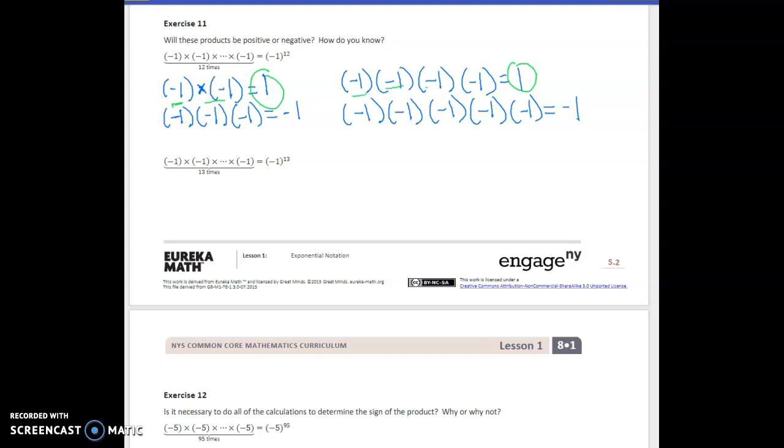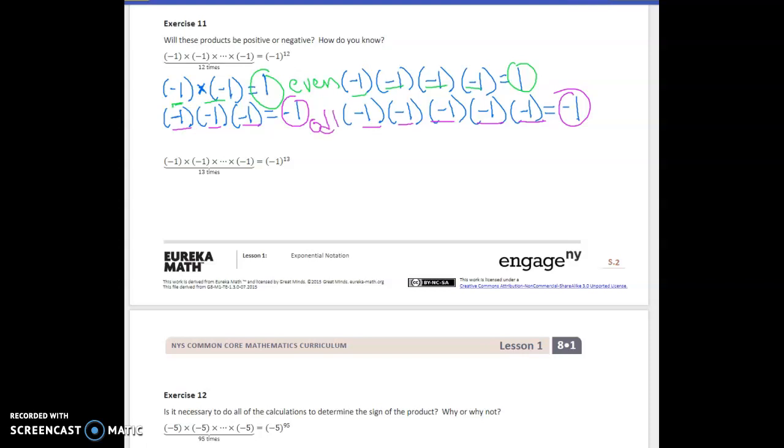Here there are 4 bases. Both of these are an even number of repeated multiplications. Whereas down here, with 3 and with 5, we got a negative solution.